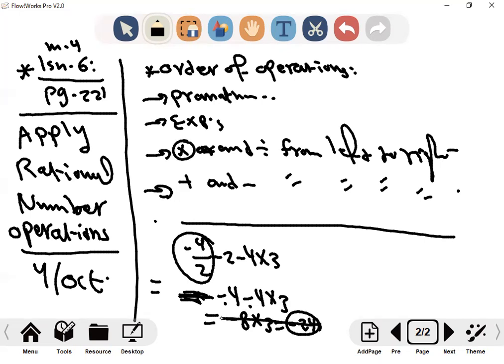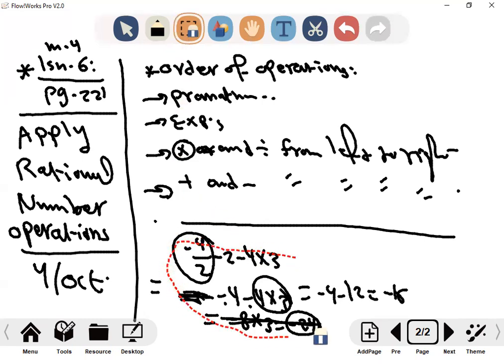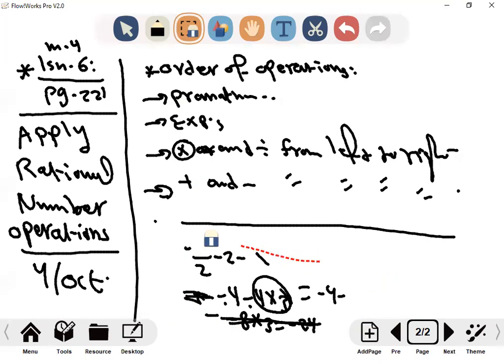So here I need to multiply first, then add or subtract. Negative 4 by 3 is 12, so it is negative. Most of you made this mistake yesterday in the quiz.